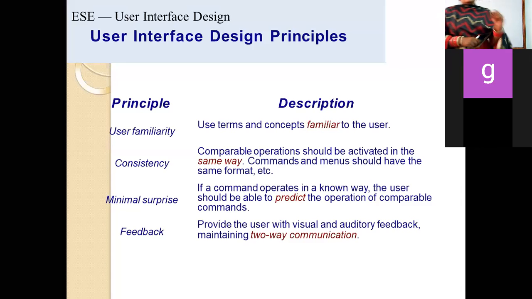There should be minimal surprise when using a particular command in that window. If I know that control B works for bold, I can easily feel that if I want to do italics, it should work like control I. And if I want to underline some text, it should work like control U.